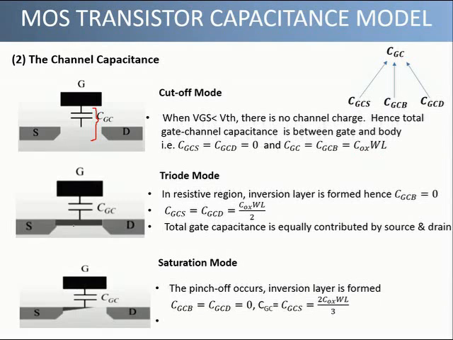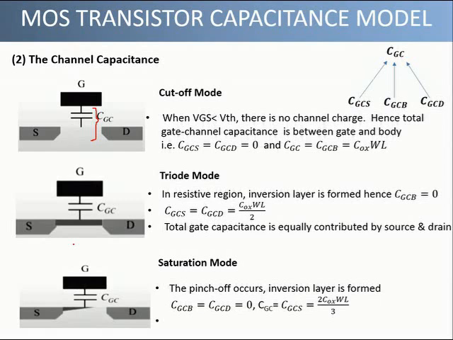In triode mode, an inversion layer of electrons is formed between source and drain region. So the total gate channel capacitance is equally contributed by gate to source channel capacitance and gate to drain channel capacitance. The value of each of them is equal to Cox times W times L by 2. There is no gate to body channel capacitance.